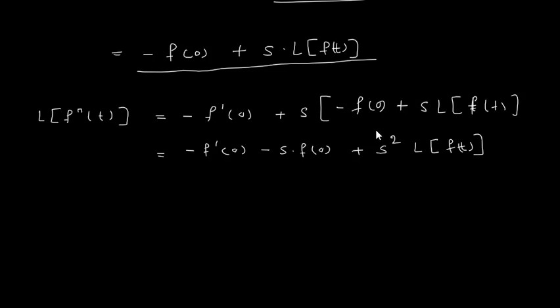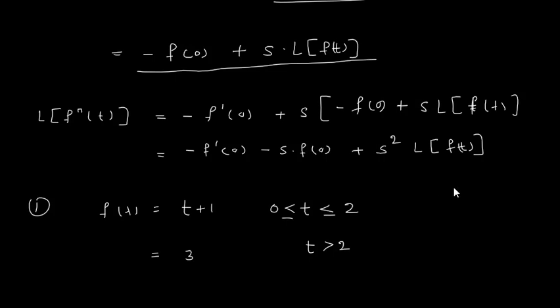First problem: it is given f of t is equal to t plus 1 for t between 0 and 2, and f of t is equal to 3 for t greater than 2.